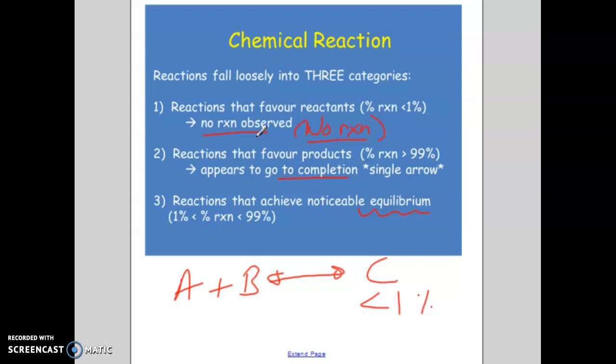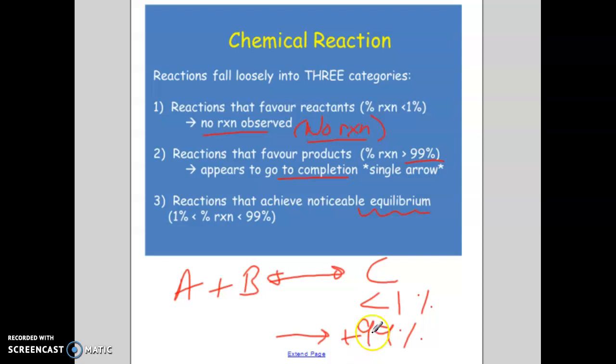The reverse of that, of course, is let's say we have tons of product, 99% plus product. This is where we actually tend to use only the single forward arrow for these types of reactions. You could still have some small amount becoming reactants again.